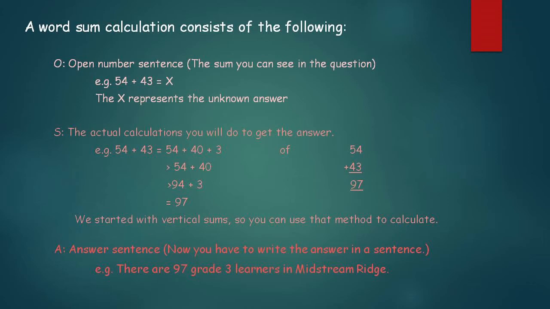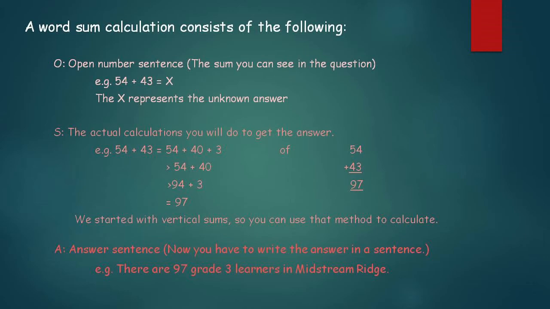The next step we will have is S. Sometimes it could also be C. So it could be the actual calculation or the sum you will do to get to the answer. Remember, we could do more than one sum or calculation. Sometimes we might have 2 or 3 sums or calculations in order to find the answer. So for this one, there are 2 methods you could use. Because we've now started with vertical addition, you can use that method when you're calculating your answers for story sums.